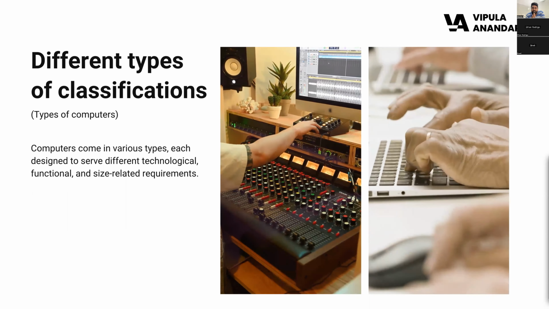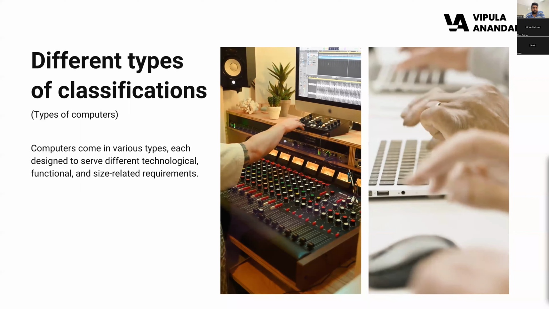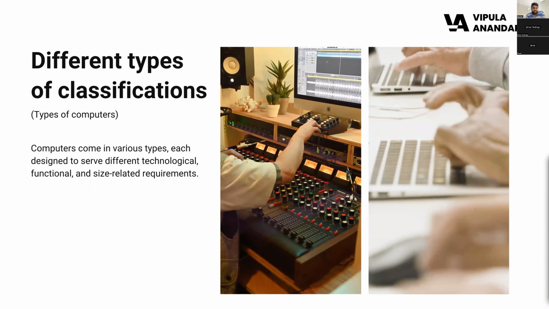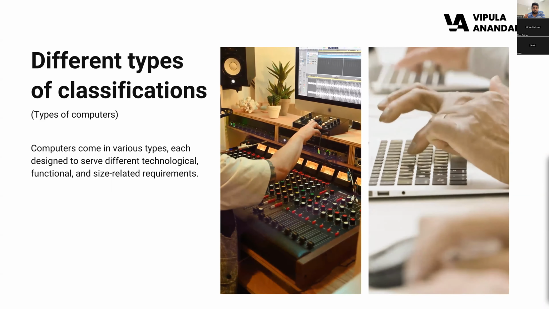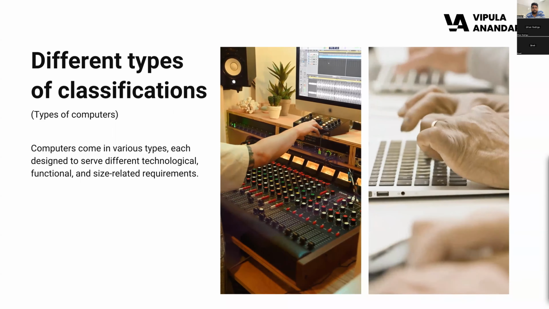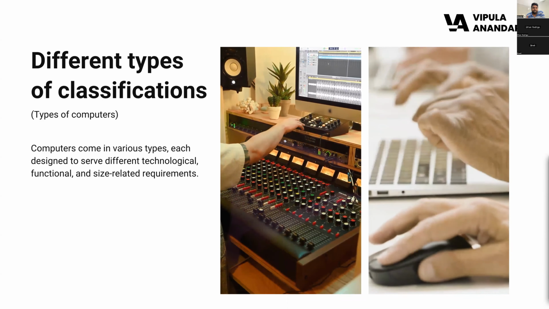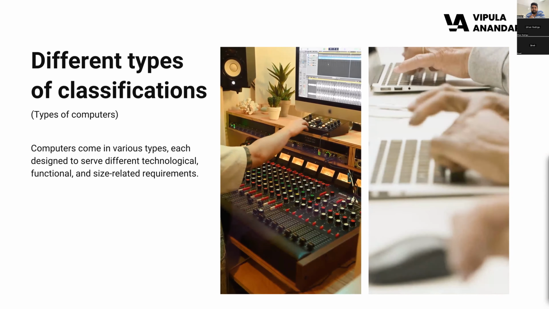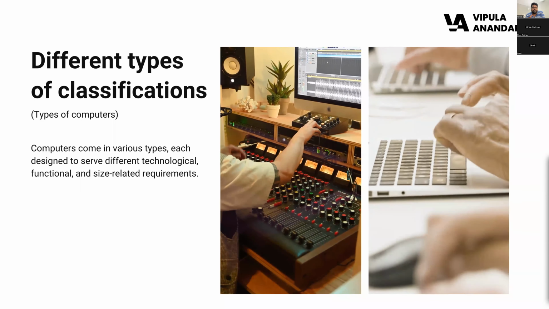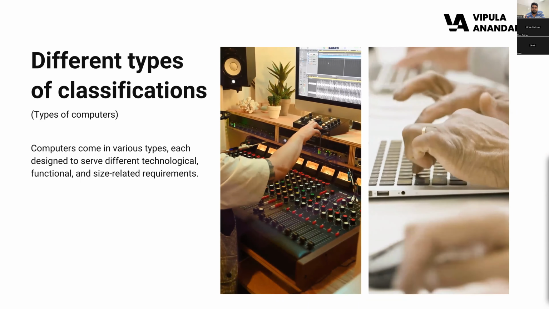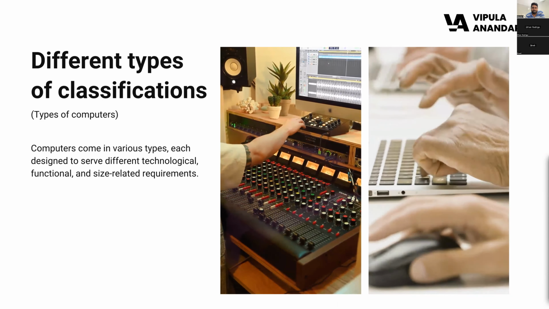So now we discussed halfway through about the type, the generations, and we briefly discussed what is a transistor. Now we are getting to the different types of classifications of computers. So in simple terms, types of computers.